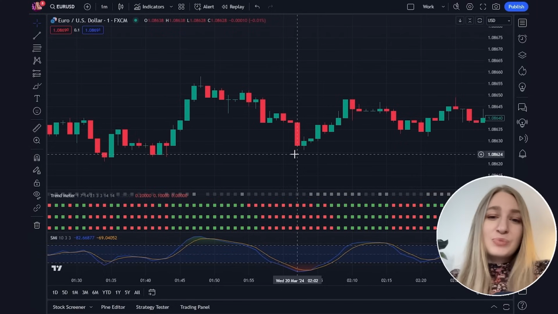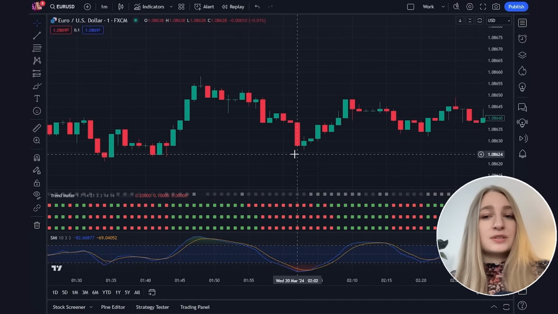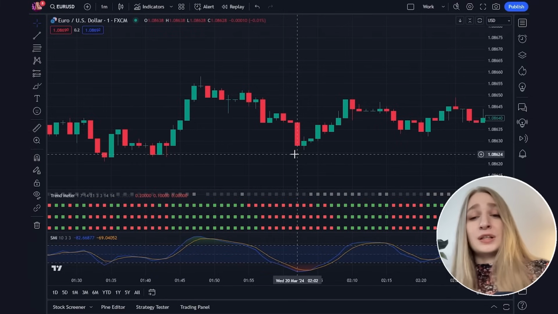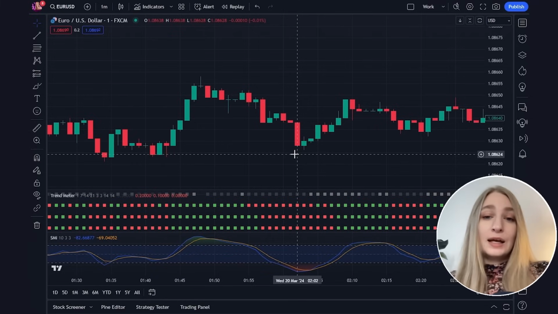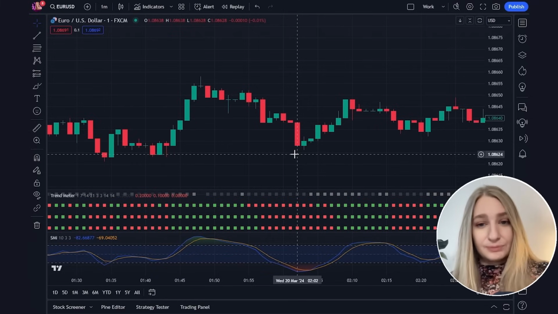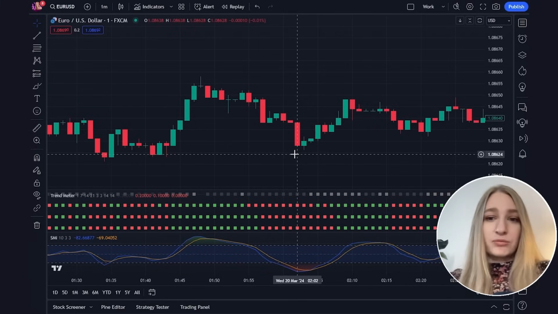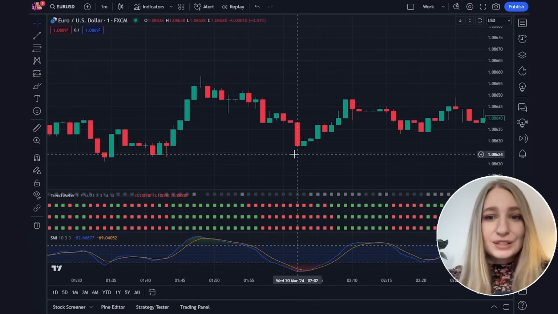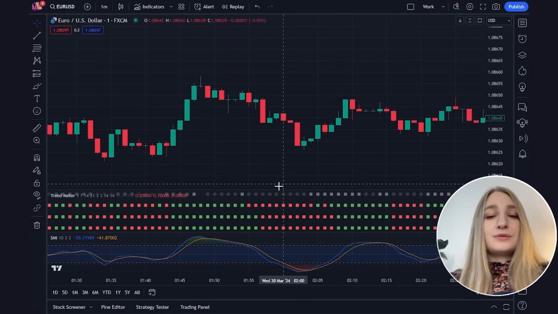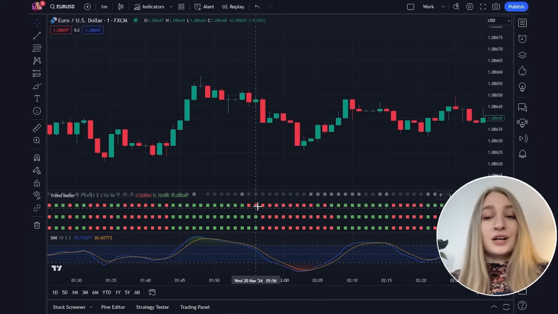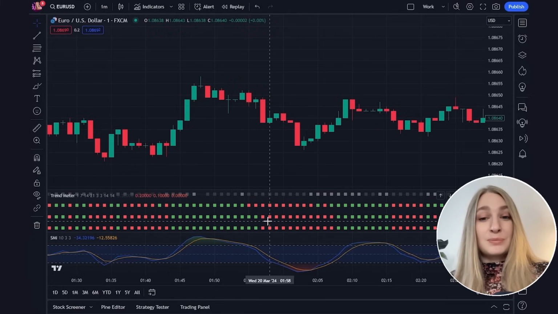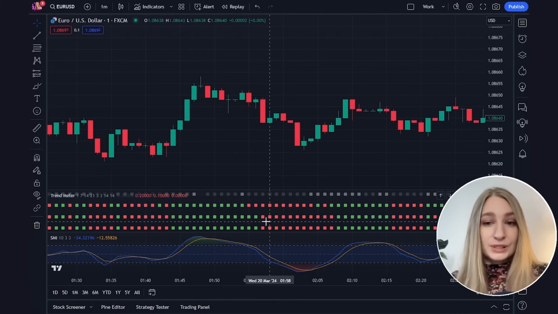It's quite simple and clear. Further we can notice that red dots are formed and accordingly the price on the chart also goes down. These indicators are very simple and can be used by both beginners and experienced traders. They are very easy to use and very easy to analyze charts with, if you use them as a pair, of course.